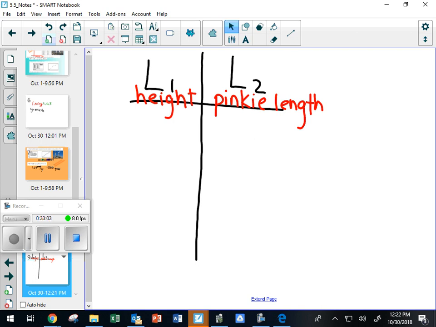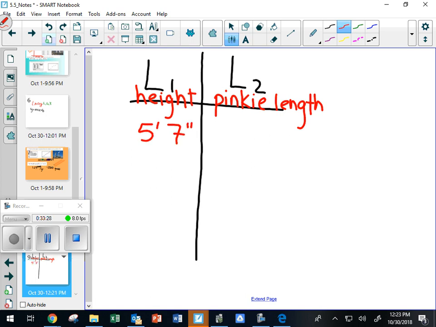But tell us your height. So, when I call on you, tell me your height as you know it. So, some feet, some inches, right? And then, after that, we will measure your pinky length in inches. All right? You're 5'7"?